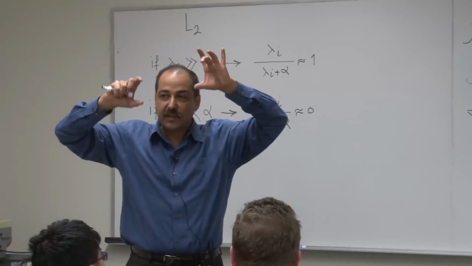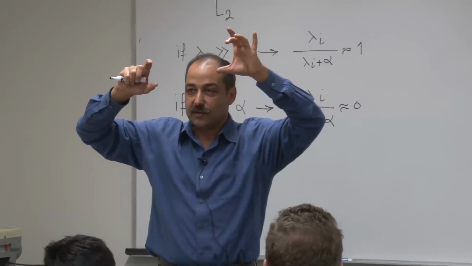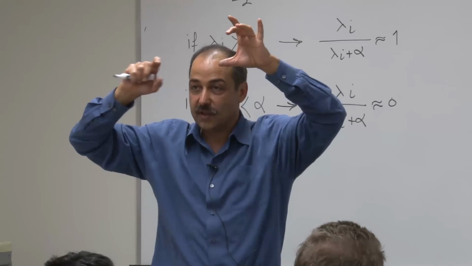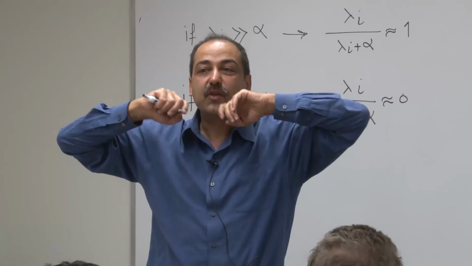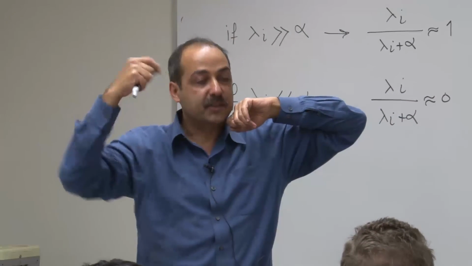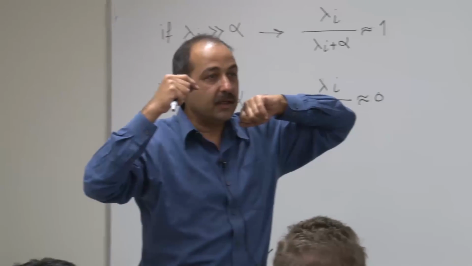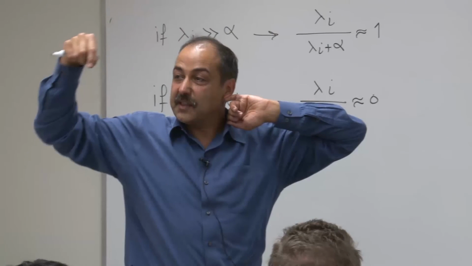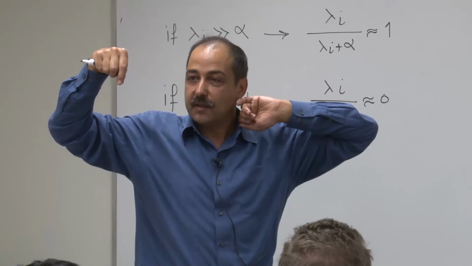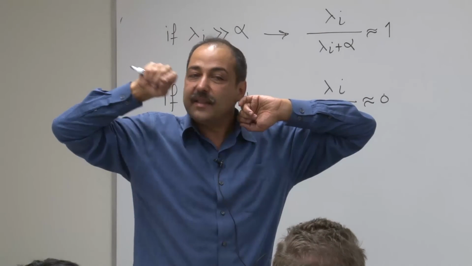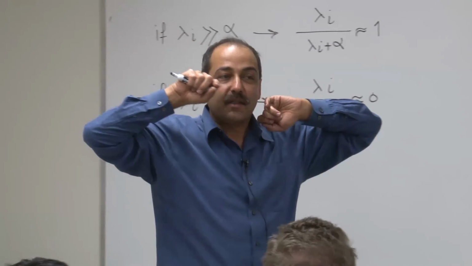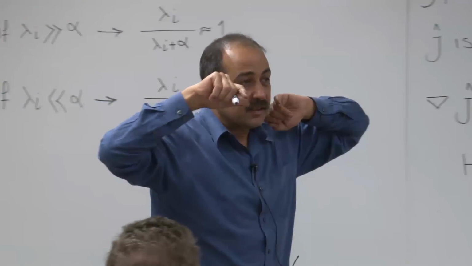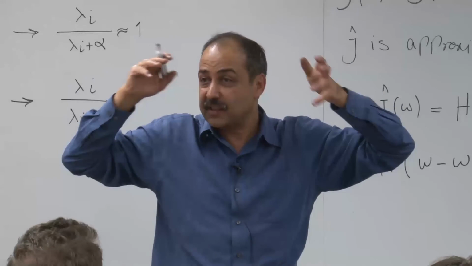It's a direction of the Hessian matrix with a large eigenvalue, so it's going to significantly contribute in minimizing my objective function. If lambda is small, it means that moving in that direction is not changing the function significantly.